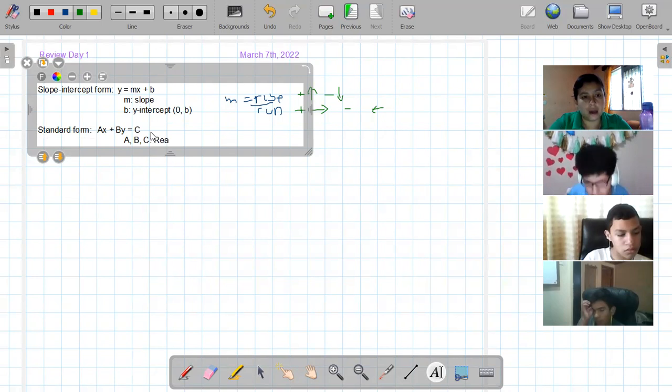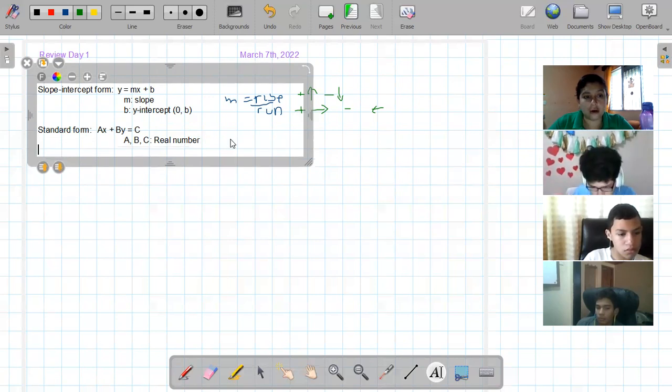Meaning any number at all, positive, negative, fraction, decimal, doesn't matter, okay? So it is any real number. However, A and B cannot both be 0. One of them could be 0, but not both of them, okay? A and B cannot both be 0, okay?